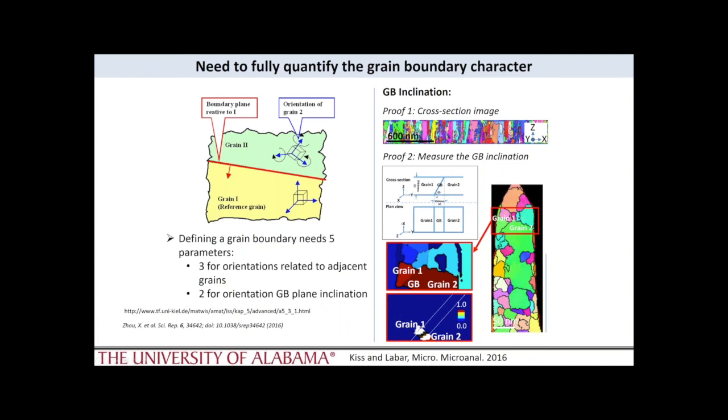And you can weight average those to get an idea of the approximate inclination of the boundary. The problem is that the boundary could go from, in this case, left to right, or alternatively, the signal could be going from right to left because it's a 2D projection.